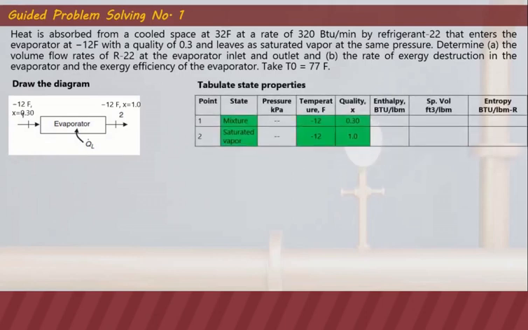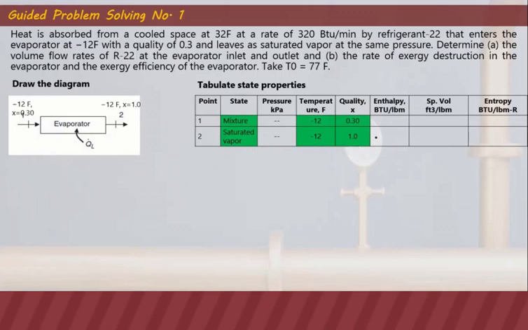So we tabulate the properties. Since we are given a saturated vapor at point 2, we can solve for the different properties at this point. We have saturated vapor at negative 12 degrees Fahrenheit and a quality of 1.0.